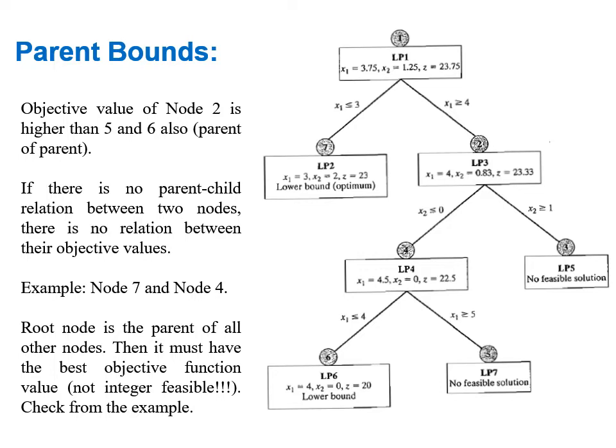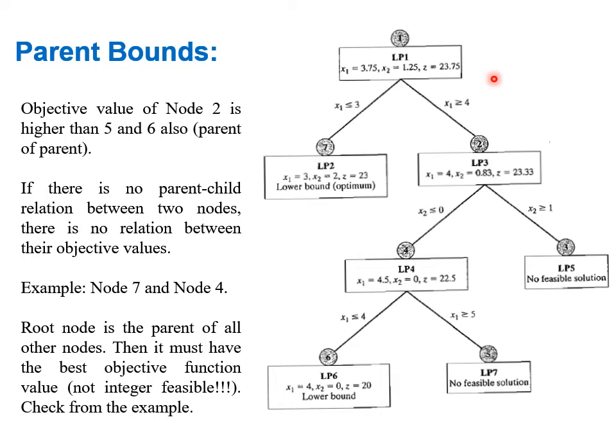On the other hand, the root node is the parent of all other nodes in the tree. And it means that the objective function value of the root node must be better than that of any of the nodes in the branch and bound tree. It can be equal or it can be better.